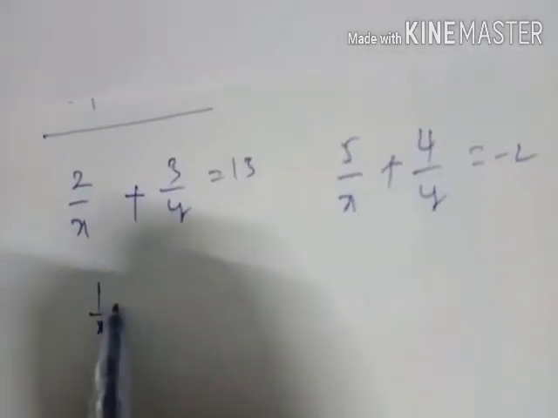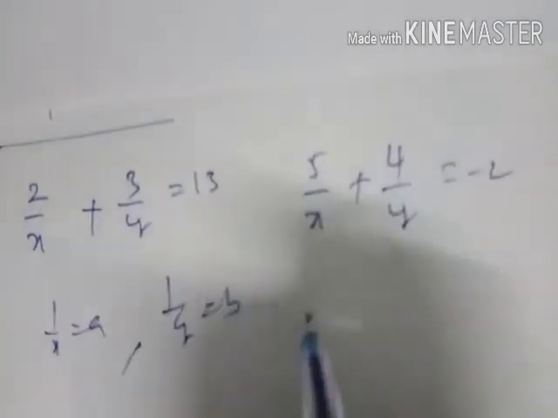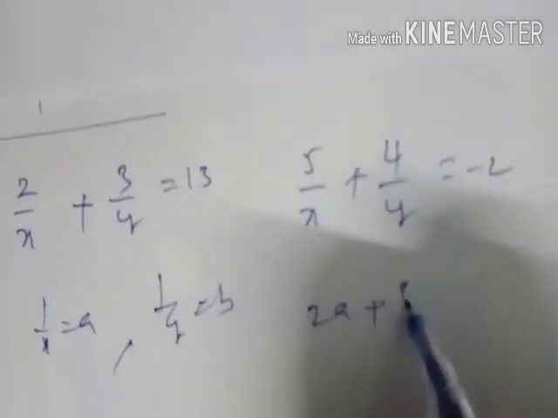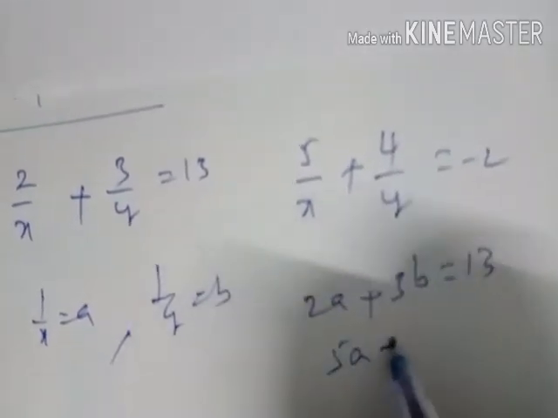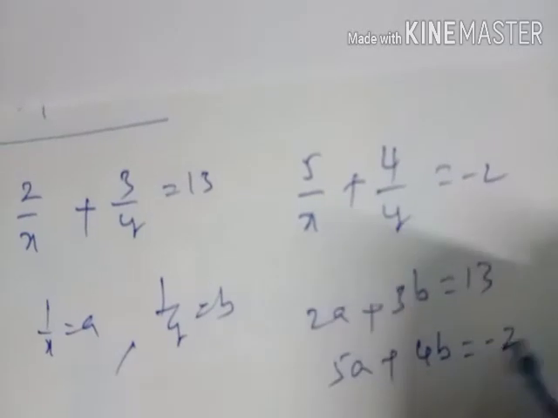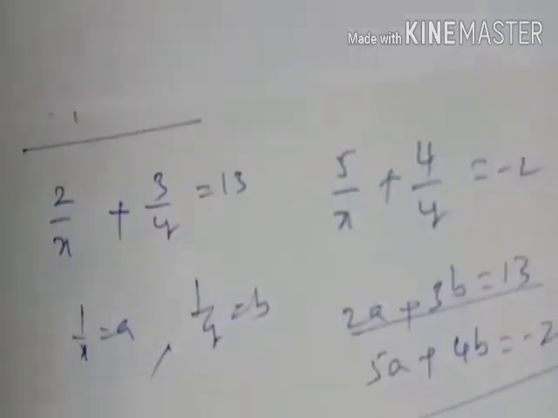1 by x is equal to a, 1 by y is equal to b. Then we will get 2a plus 3b is equal to 13, 5a plus 4b is equal to minus 2. So these two are the answer for this question.